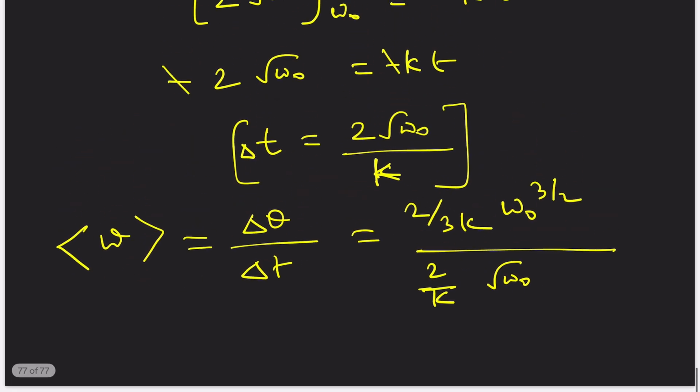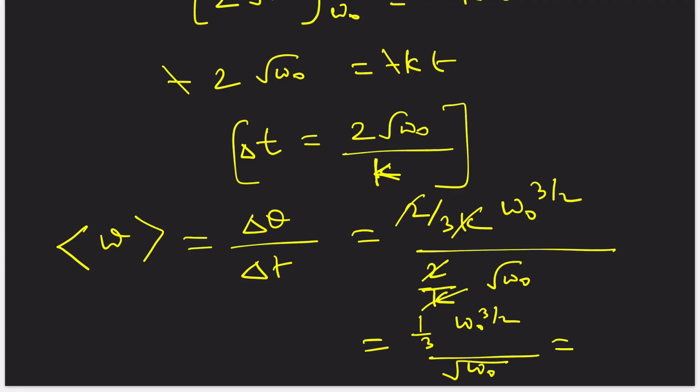If we solve these, k cancels, 2 cancels. In the numerator we have 1 by 3 omega naught to the power 3 by 2, and in the denominator root omega naught. So it is omega naught by 3, that would be the answer. The average angular velocity in this case will be omega naught by 3.